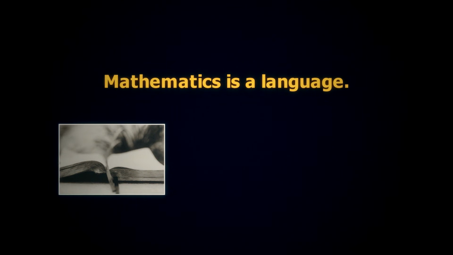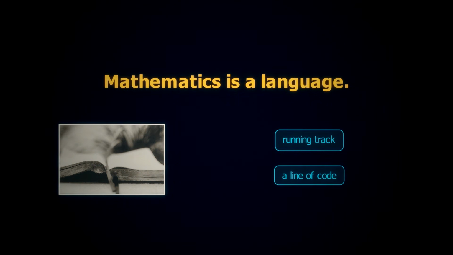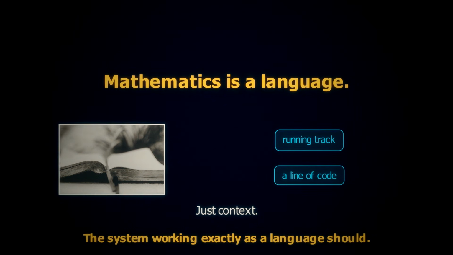The word run means something different on a running track than it does inside a line of computer code. Nobody finds that confusing or broken. It is just context. 0 to the 0 works the same way. It adapts to serve whichever branch of mathematics is asking the question. That is not a flaw in the system. That is the system working exactly as a language should.